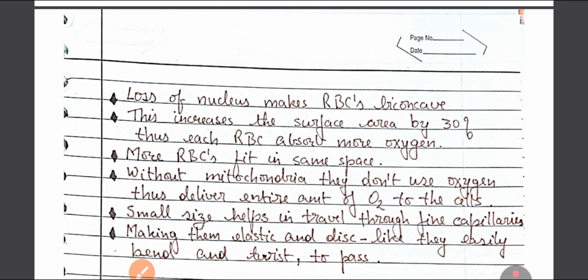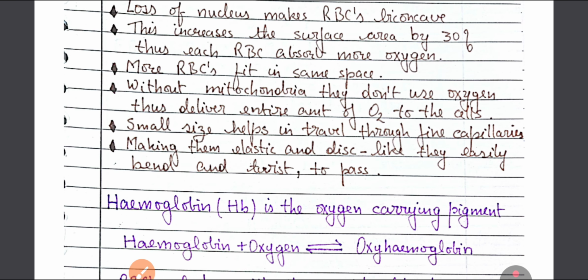Now again we are studying why. Loss of nucleus makes RBCs biconcave. This increases the surface area by 30%. Thus, each RBC absorbs more oxygen, and more RBCs fit in the same space. Without mitochondria, they don't use oxygen for themselves, but deliver the entire amount of oxygen to the cells of the tissue.